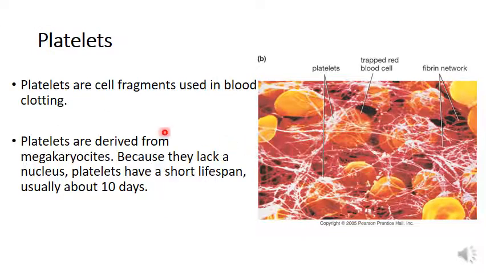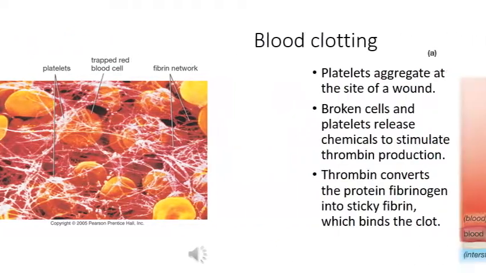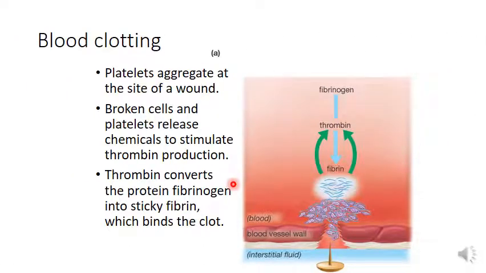And then the platelets are derived from a group of cells called megakaryocytes, and these ones do not have a nucleus, and that therefore implies that they've got a very short lifespan, which is usually about 10 days. Okay, so these platelets are used in blood clotting.